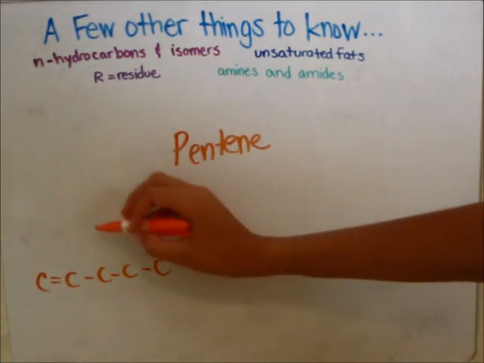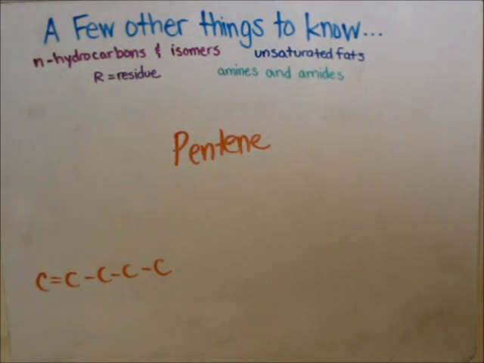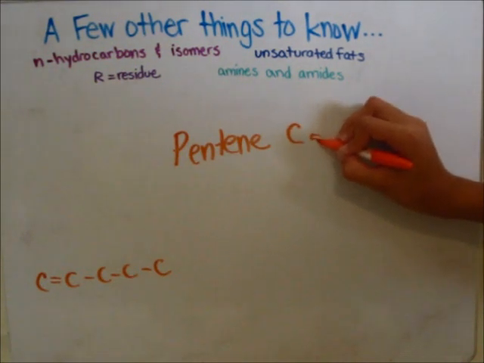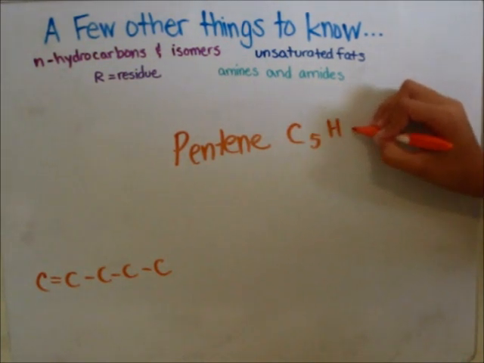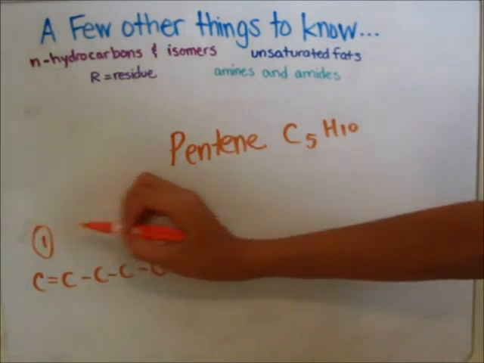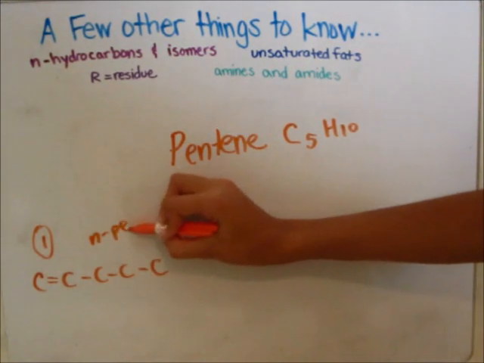And then I'm not going to draw on all the H's, but remember that there's all these H's. And there would be, let's see, the formula is CnH2n, so there would be 5 carbons and 10 H's. So this is the first way. It should just be N-pentene to specify that it's a straight line.